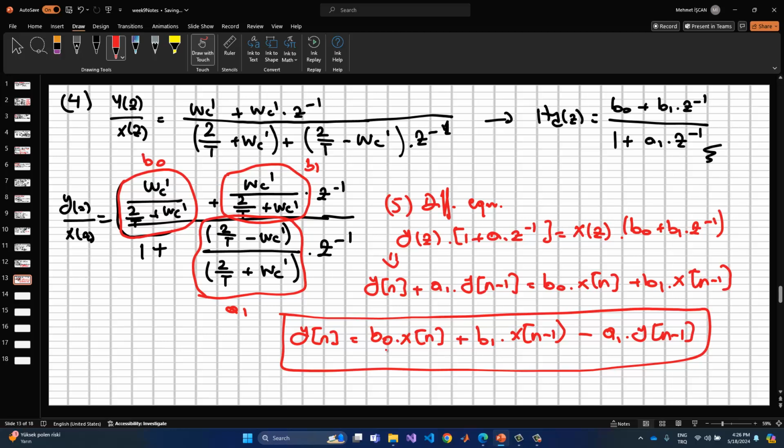Okay? And so if you put B0, B1 and A1 in terms of these equations or these values with a specific cutoff frequency, then you can feed the values of x as the input, and we will get our filtered response in the embedded system. Okay? That's all.